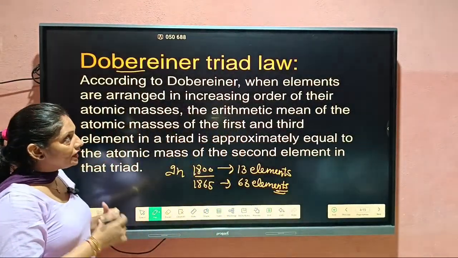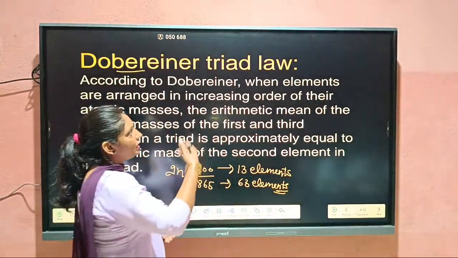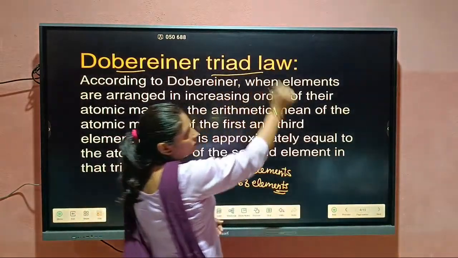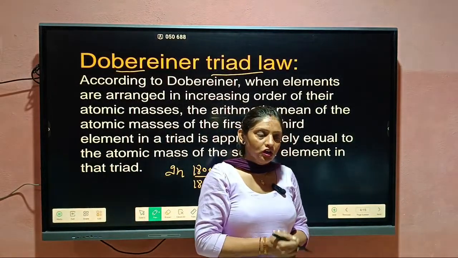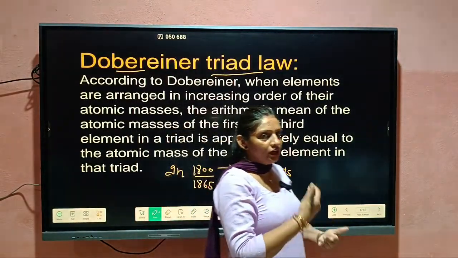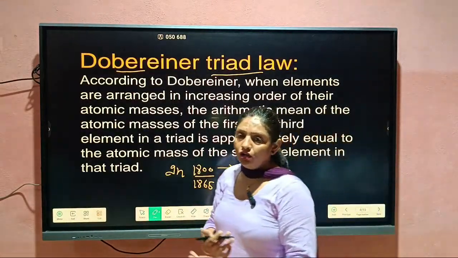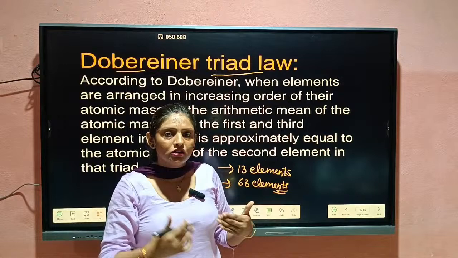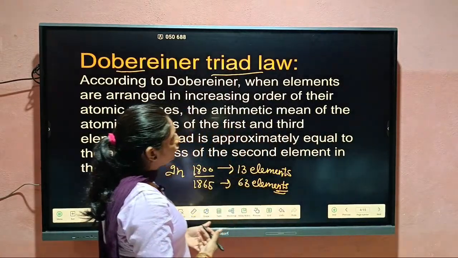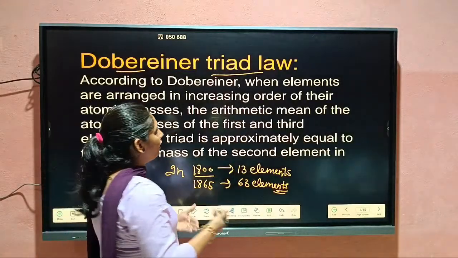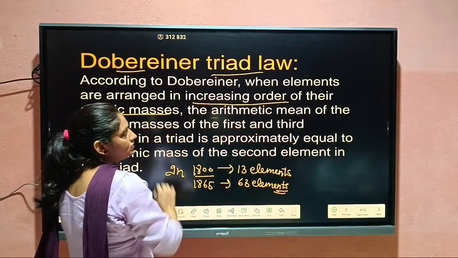So students, first of all, in the 18th century, Dobereiner gave us a law for the arrangement of the elements. He arranged the elements in increasing order of their atomic mass.